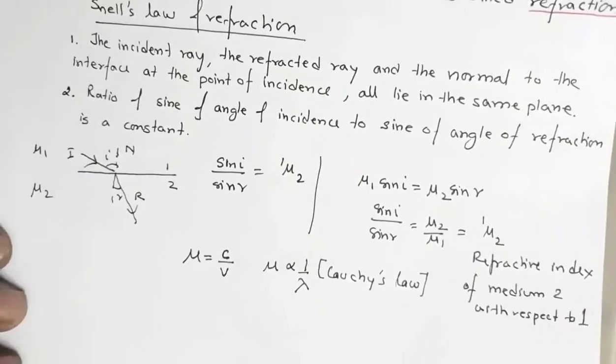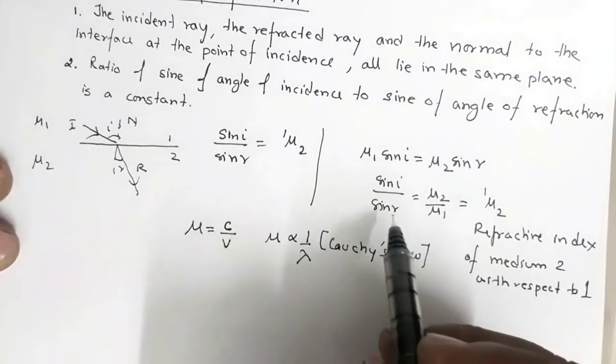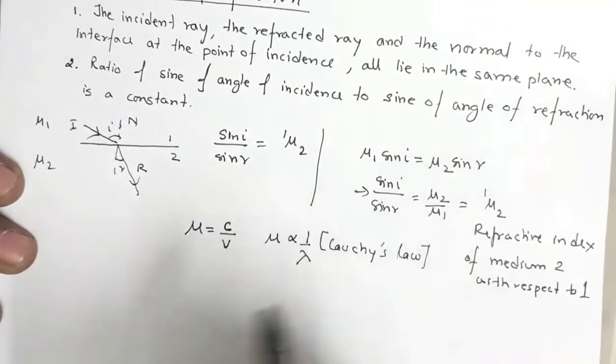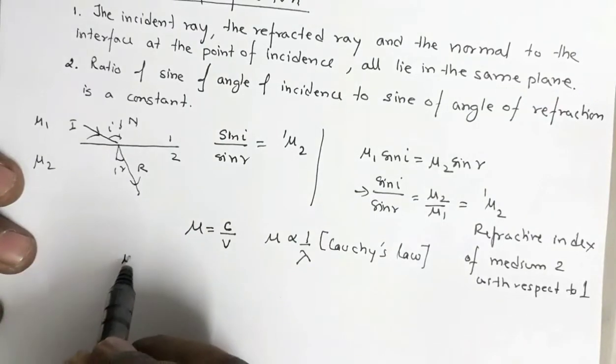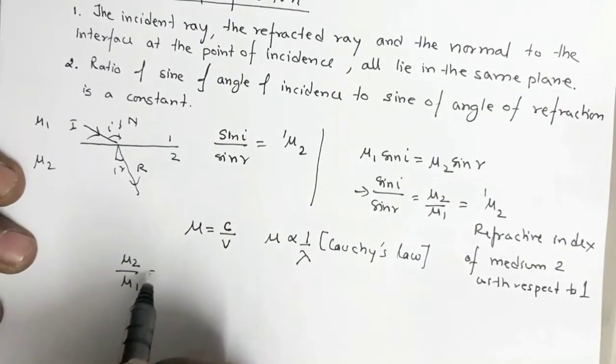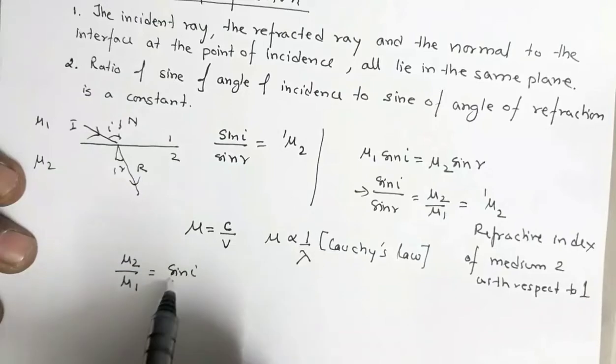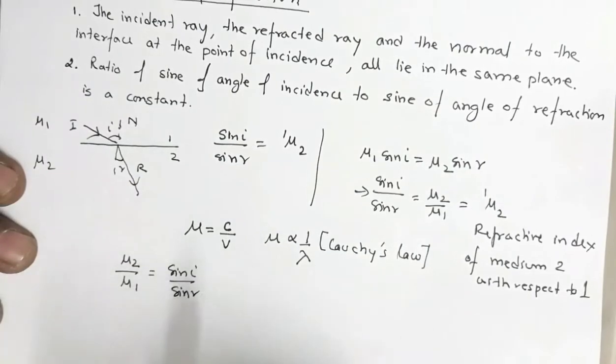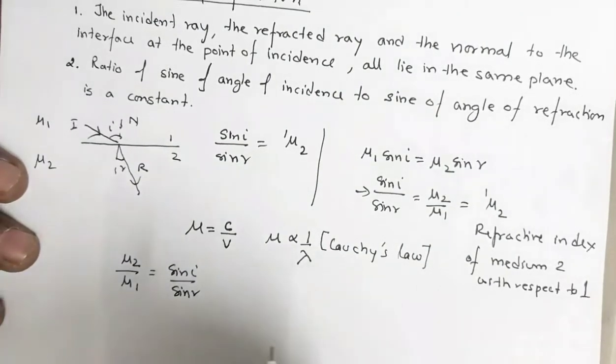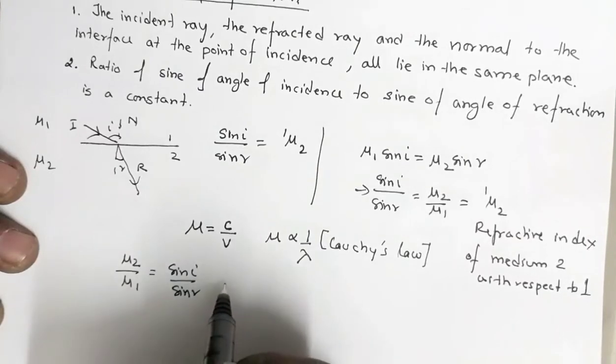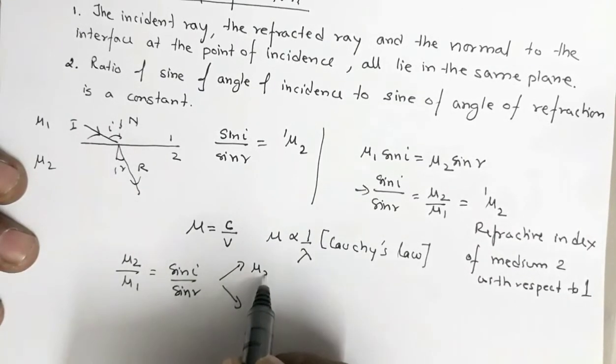So from this we can make a few conclusions. First is, if you see mu2 by mu1 is equal to sine i by sine r, that gives two possibilities.